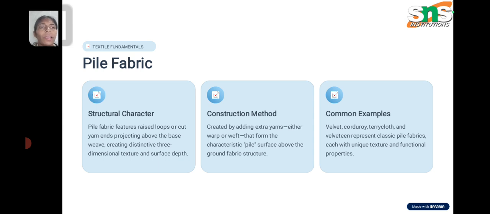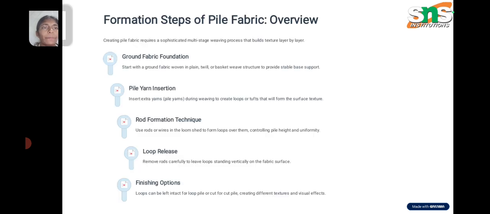Created by adding extra yarns, either warp or weft yarn, that form the characteristic pile surface above the ground fabric structure. Common examples of pile fabric: velvet, corduroy, terry cloth, and velveteen represent classic pile fabric, each with unique textile and functional properties.